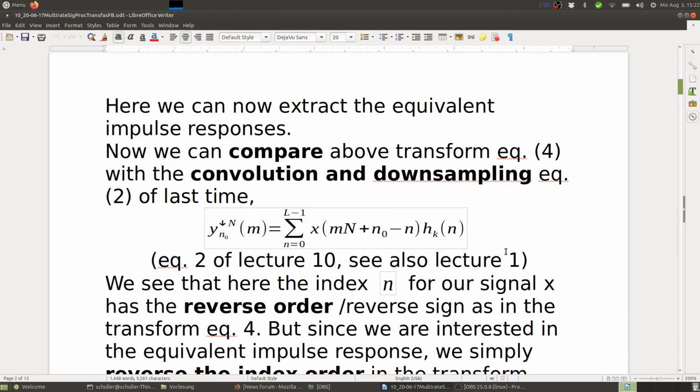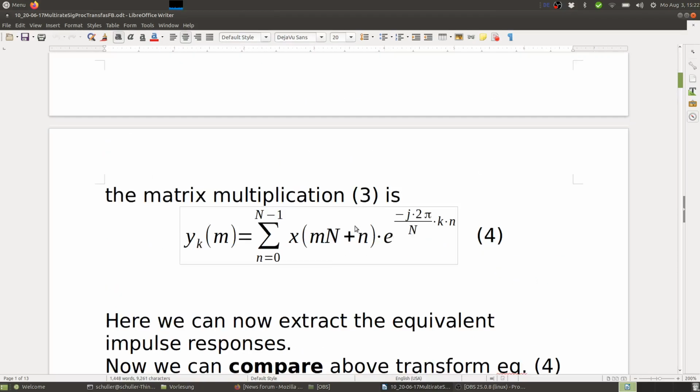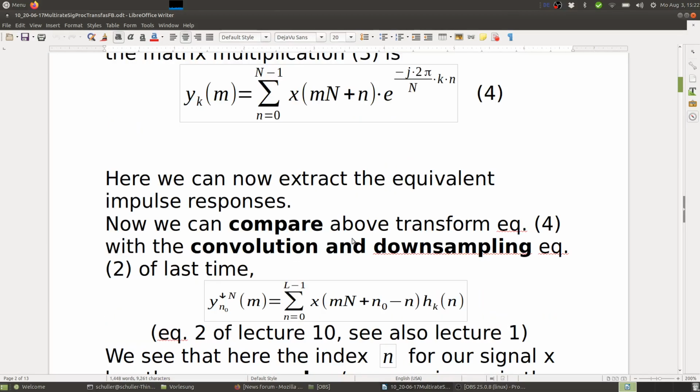We also saw it in the definitions of lecture 1. We see that here the index lowercase n for our signal x has a reverse sign as in the transform equation 4. Here we have minus n, and here we had a plus n.